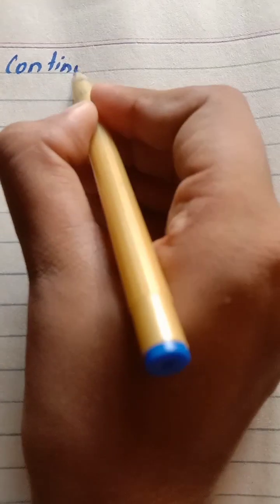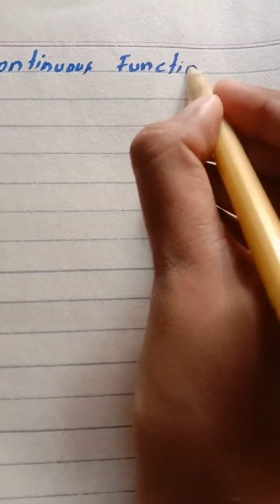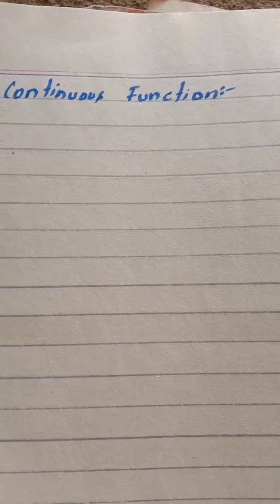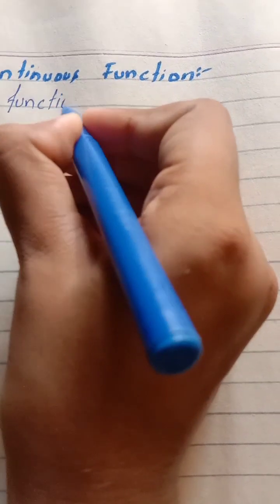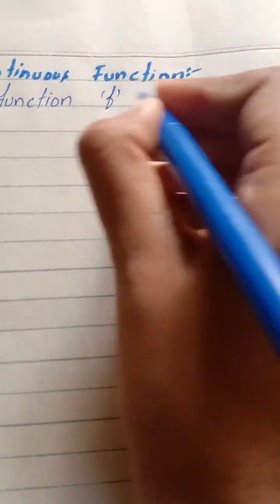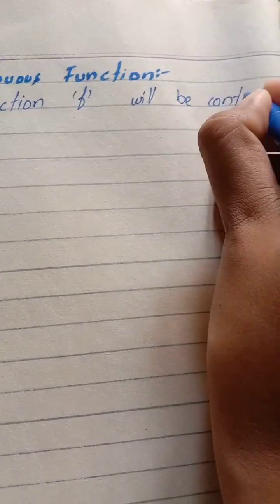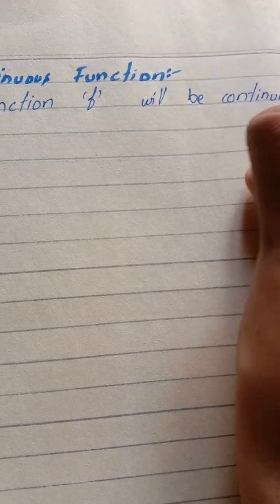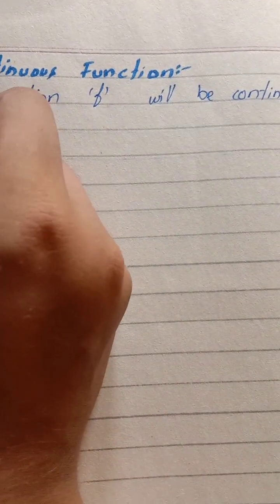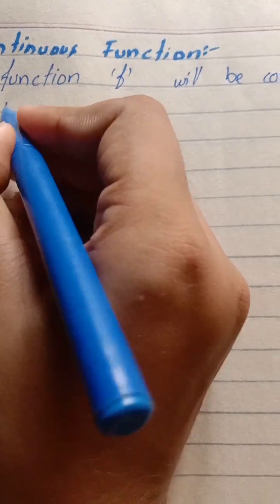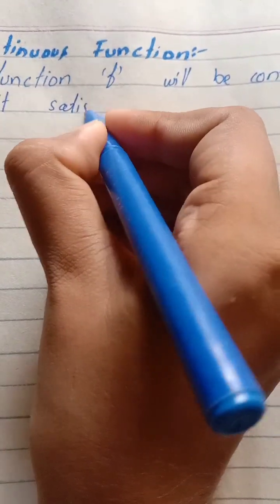Continuous function. A function f will be continuous if it satisfies the following three conditions.